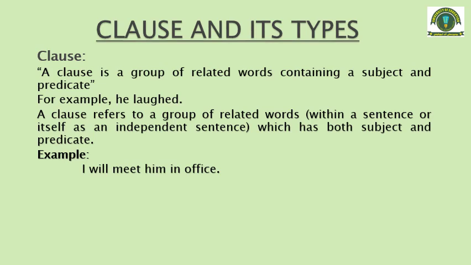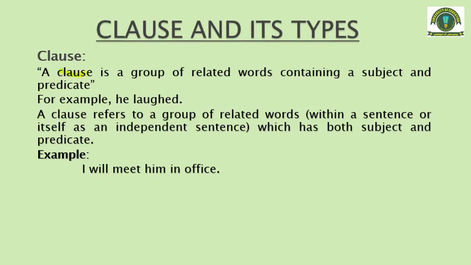So let us begin with the simple definition of sentence. We all know what a sentence is. It's a group of words that are united together to convey some meaning, to convey some message. Now, some of the sentences are called clause.